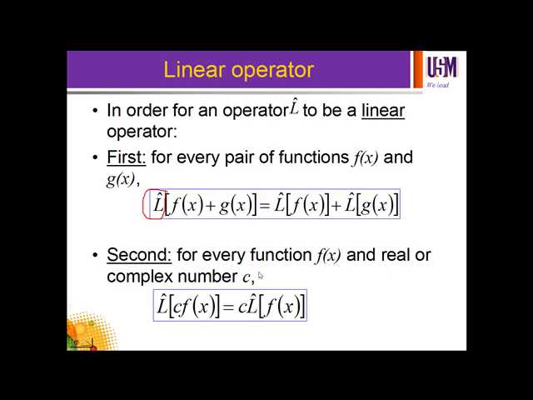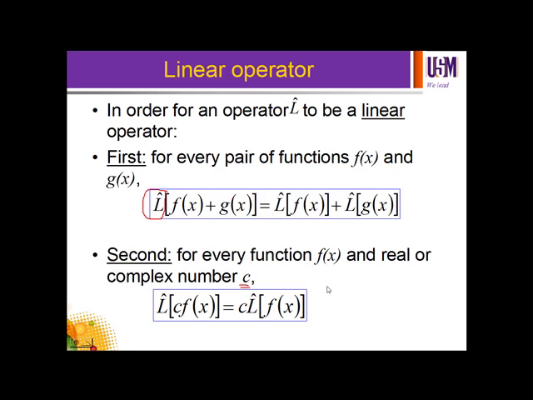The second condition, for every function f and a real or complex number c, c can be a real number or a complex number. Remember about complex numbers that it has a real part and also an imaginary part.